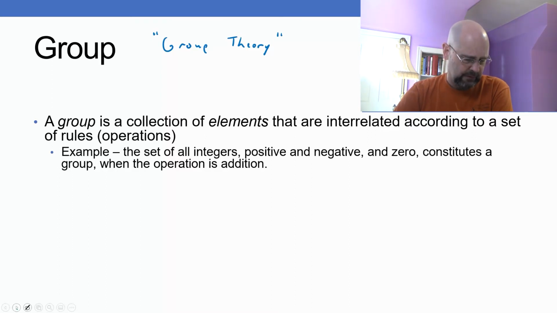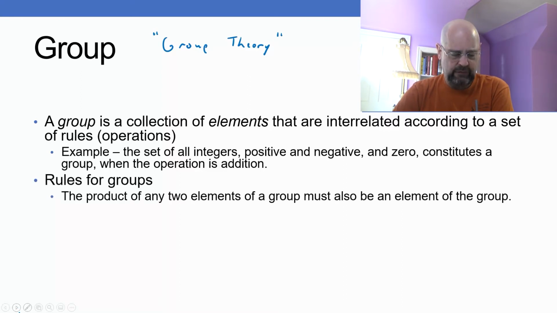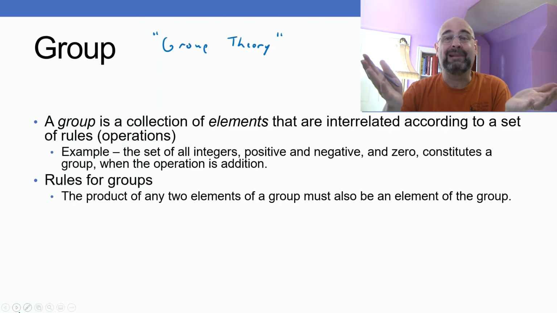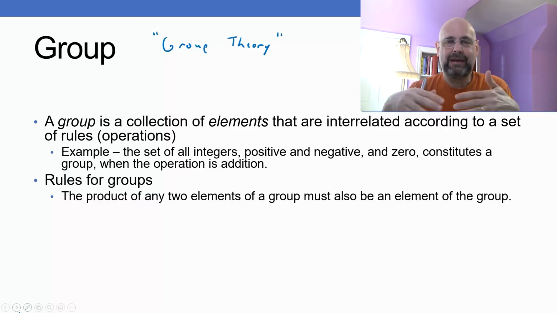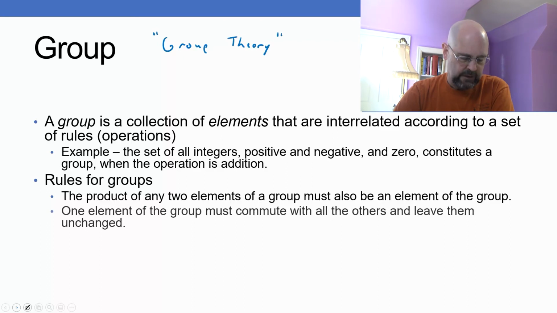So what do I mean by having a group? Some rules. First off, the product of any two elements of a group must also be an element of the group. The group is complete. I can't take the members of the group and generate another member through some operations of the members of the group. Second, one element of the group must commute with all the others and leave them all unchanged.